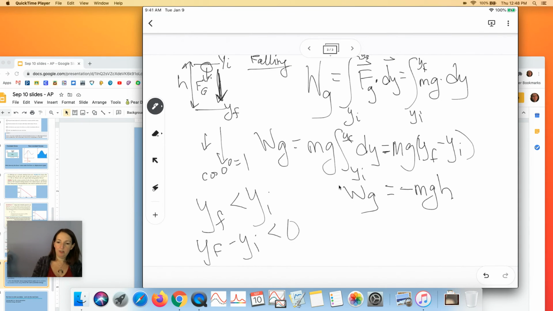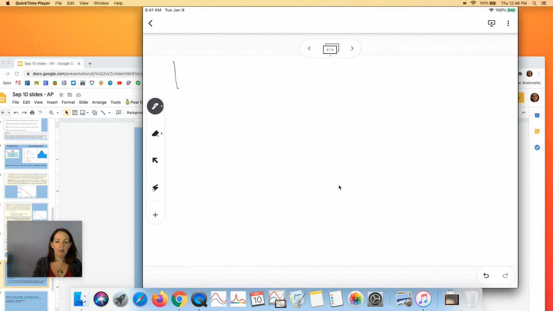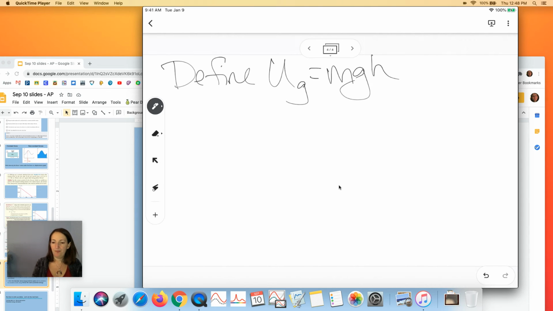So now I can define my potential energy associated with gravity as mgh. But again, that h, you have to know where you're measuring it from. And the value of potential energy actually has no physical meaning. The only physical thing that happens with potential energy is delta U, the change in potential energy.